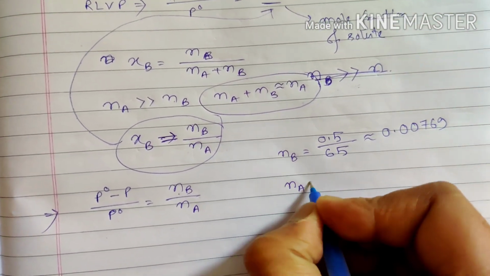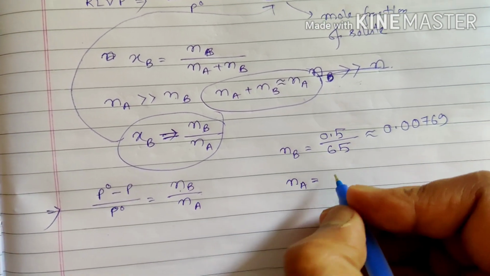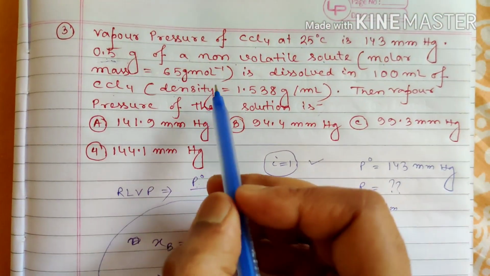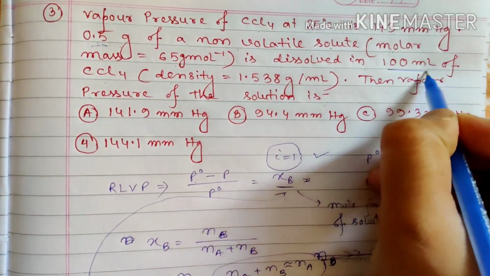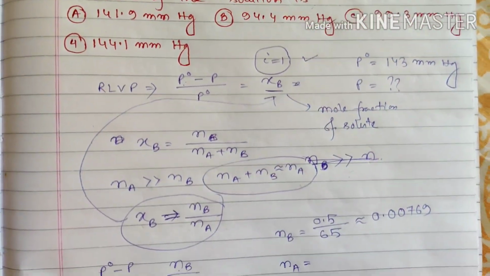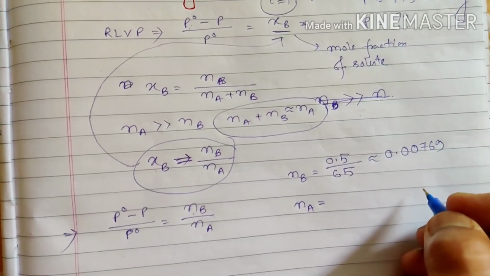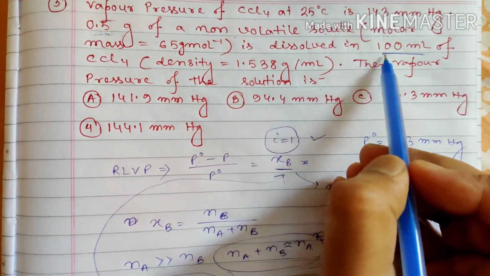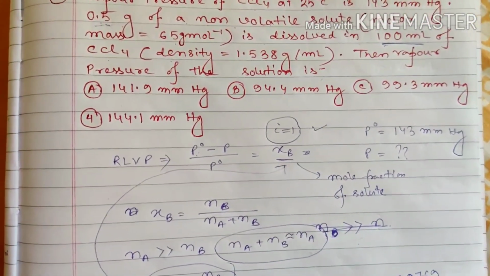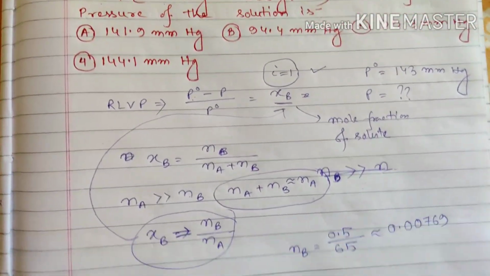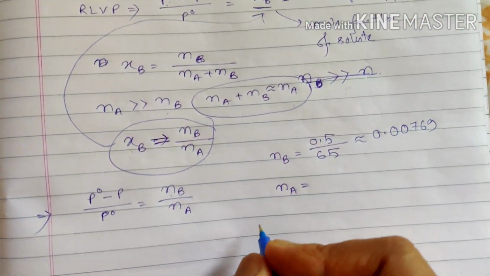Na: here how much CCl4 is dissolved? 100 ml of CCl4. So the volume directly cannot be used. We need to calculate how much mass of CCl4 is actually there in 100 ml. For that its density is also given, so we can use this formula.